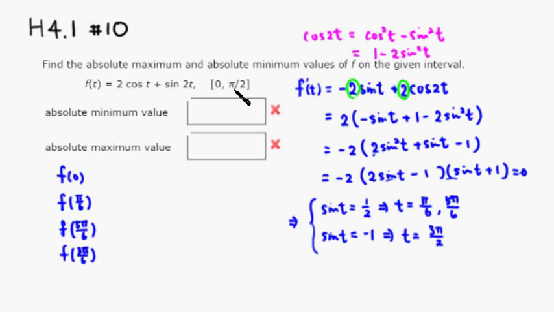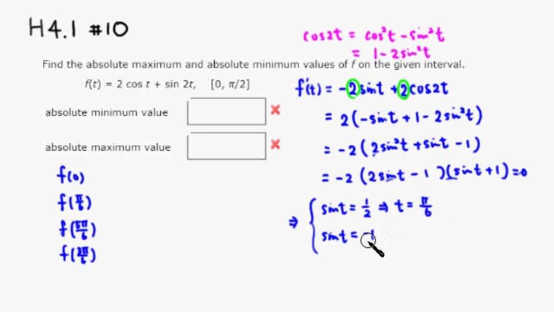I was looking at it as if it were 2 pi, so we have to go back, sorry about that. 5 pi over 6 is actually too big, so we don't need that. Between 0 and pi over 2, sine never becomes negative 1, because 3 pi over 2 is too big, so we don't have it.